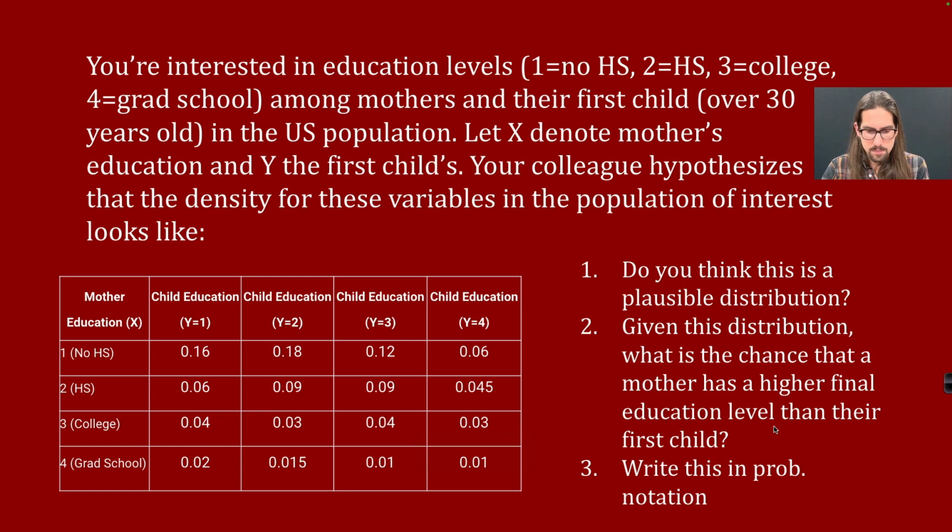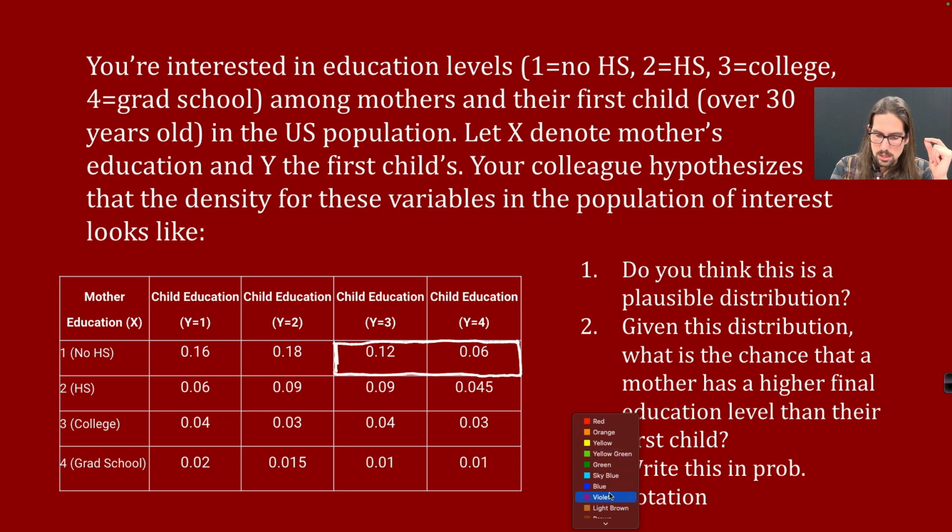In the previous example, if we were saying mother's education is no high school, equal 1, and child's education is greater than or equal to 3, we might be referring to these boxes here, right? So we would add up the value of the density in these two boxes, and the answer would be 18%, if that were the question, but that's not the question, right?